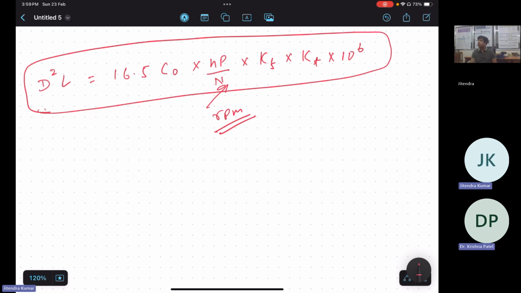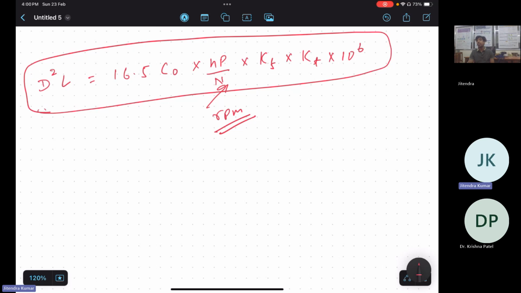L is given as 0.3D, right? And one more equation you will be required.